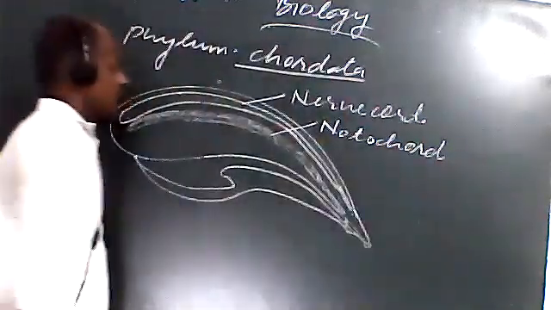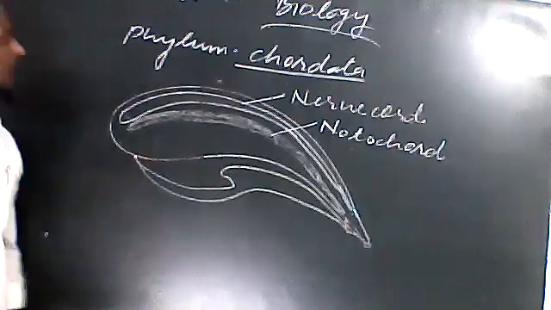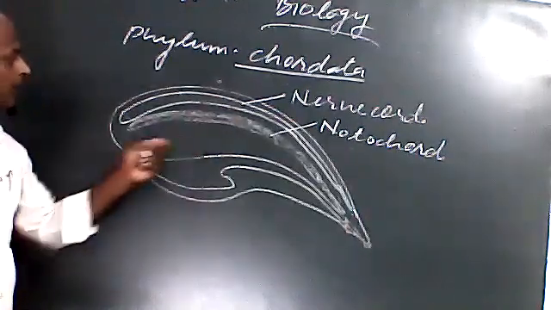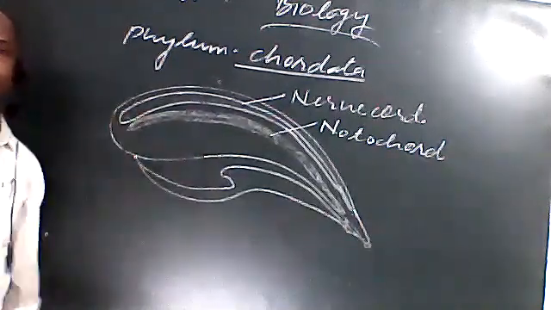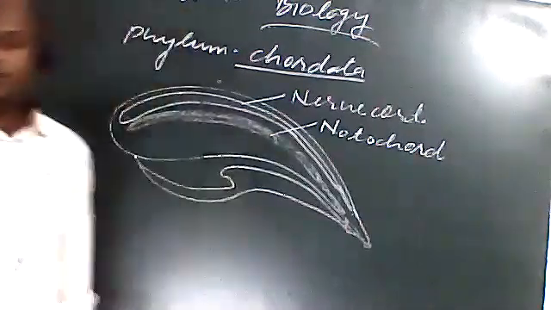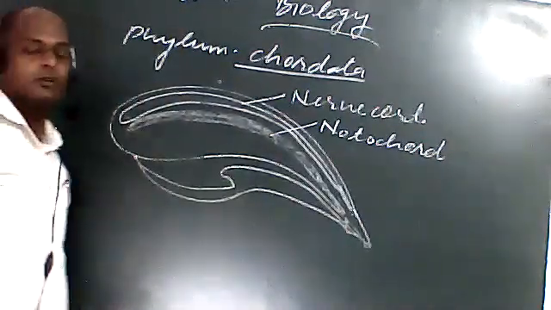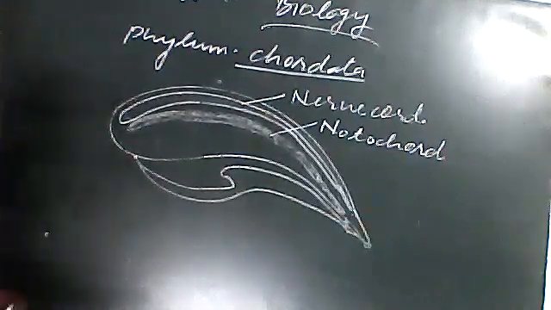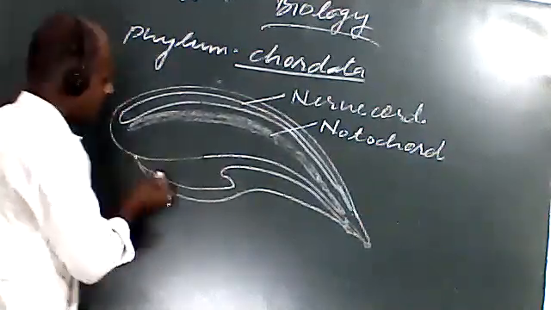If you talk about the structure of notochord, then this notochord is present in between the nerve cord and the alimentary canal. After that we will see the peculiar structure of the chordates, that there is the presence of gill slits, or pharyngeal gill slits, which are always paired.